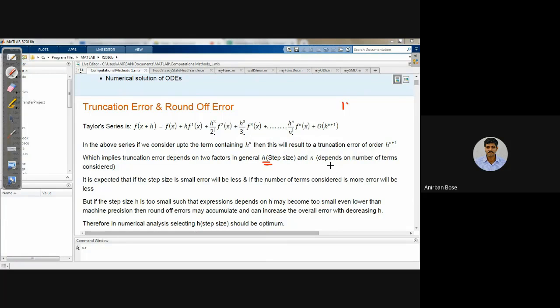If this is the case, then the computer will not be able to distinguish it, since it is below the machine precision.